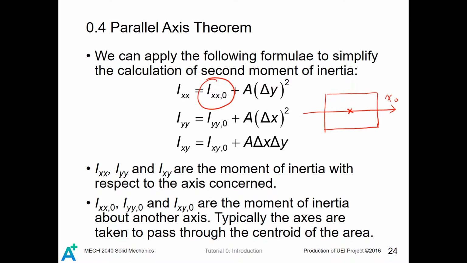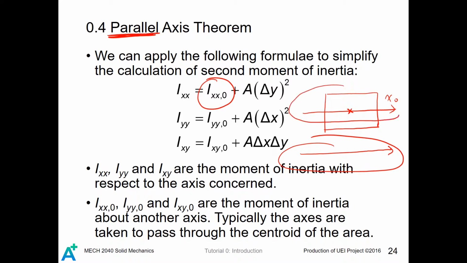Now we are interested in the moment of inertia of this region about another axis that is parallel to this axis, this axis is parallel to the axis that's passing through the centroid of this shape, and we are interested in the moment of inertia of this region about this axis.